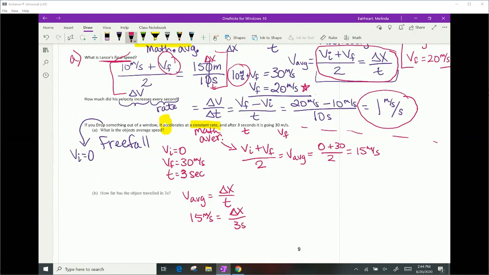To isolate displacement, you multiply both sides by 3 seconds, and we get a displacement of 45. When you multiply meters per second by seconds, the seconds cancel, so this should come out in meters. Not too bad, right?